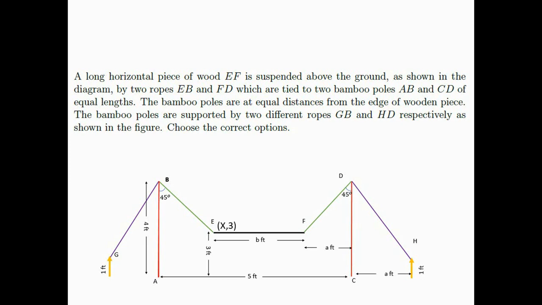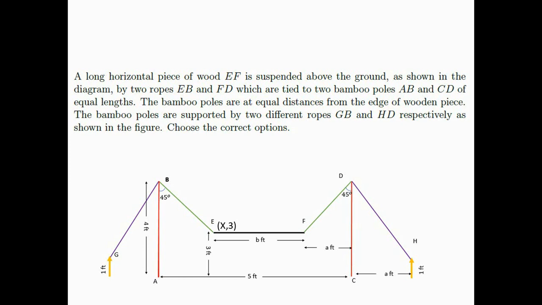Now, as it is 3 feet in height, we can take the coordinate of the point E to be x, the x coordinate to be x, and it is at 3 feet from x-axis. Therefore, we get the coordinate of E to be x comma 3.